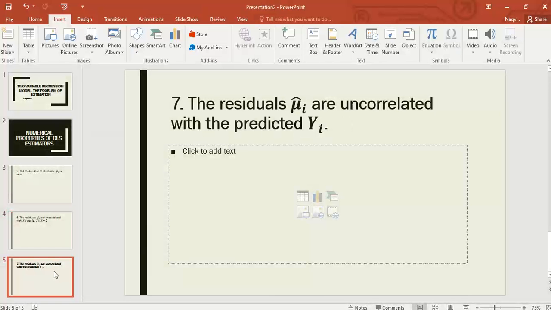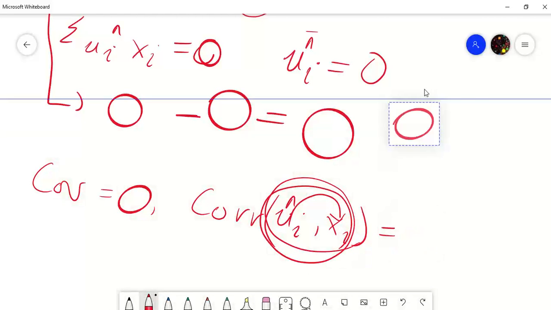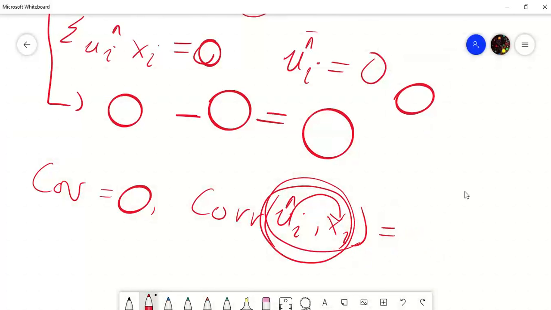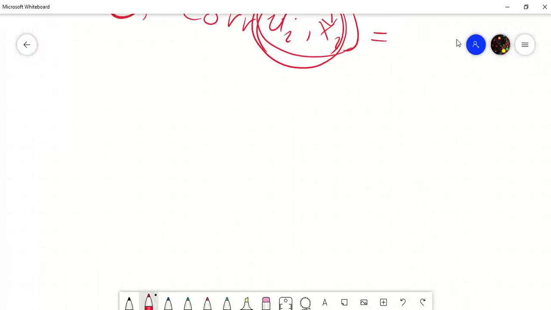Now comes the seventh property, that is the residuals mu I hat are uncorrelated with the predicted yi. That is, summation yi hat mu I hat is equal to 0.